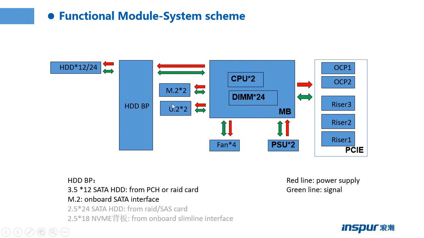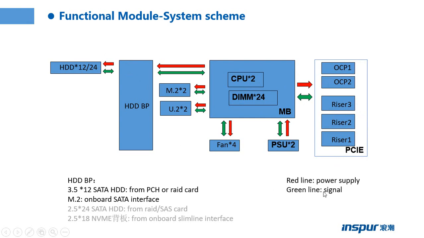The M.2 is the internal M.2. The U.2 is the rear hard drive, and this one is the front hard drive. The motherboard supplies power to the OCP card and the riser card, and the riser card supplies power to our PCI card.